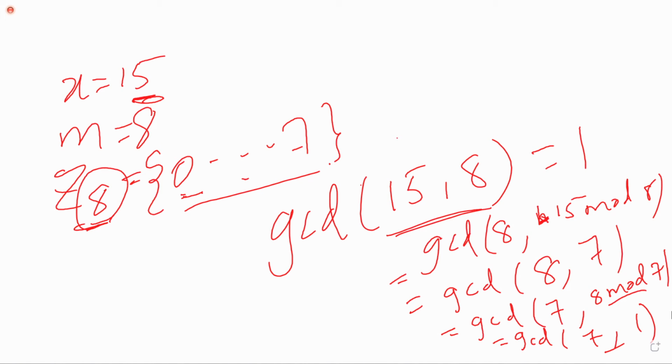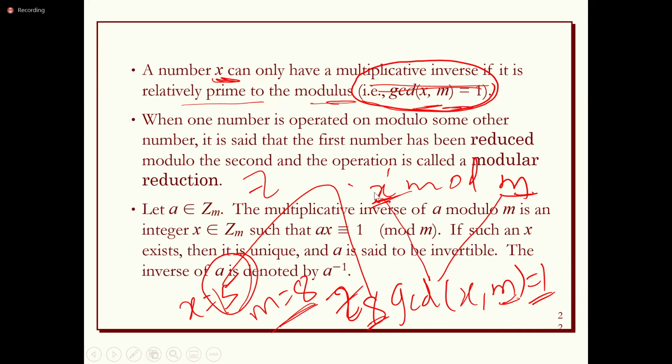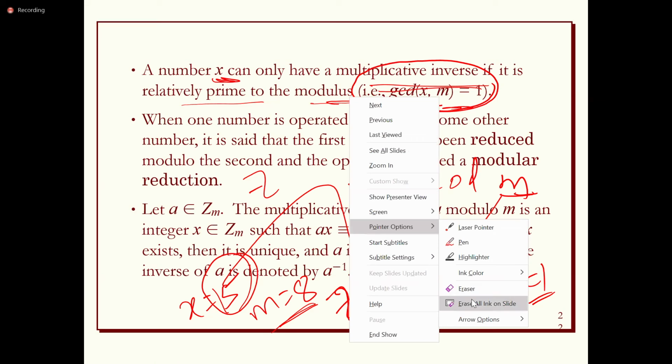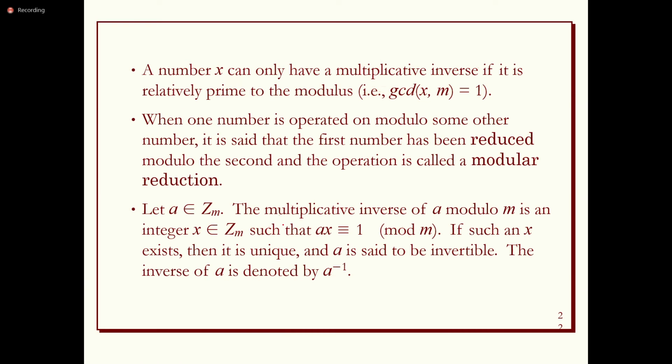So we can find the multiplicative inverse of 15. How can we find the multiplicative inverse? We have to follow this. There is a number A, where A belongs to Zm.